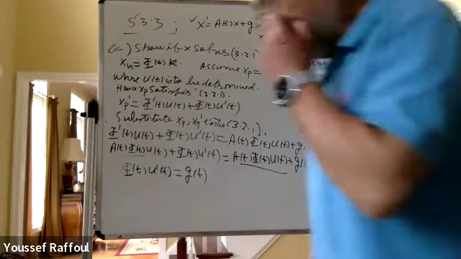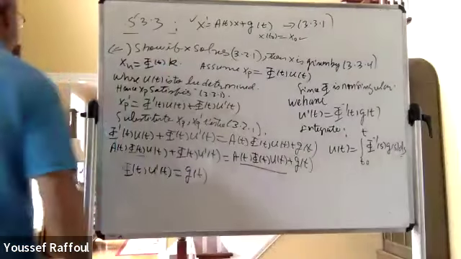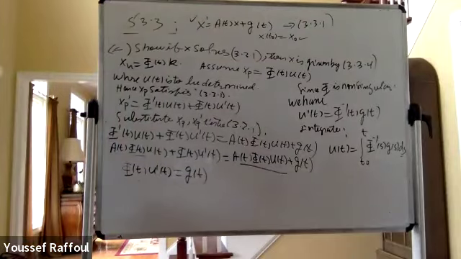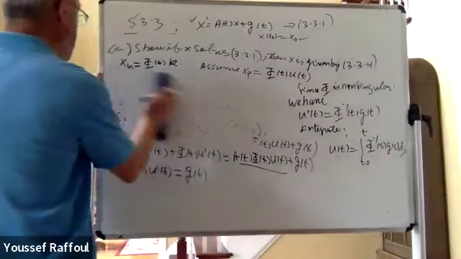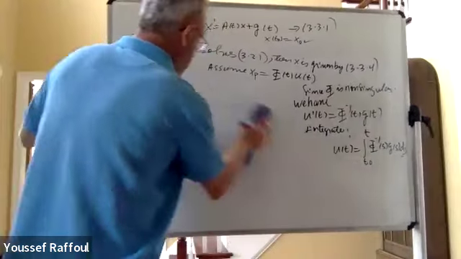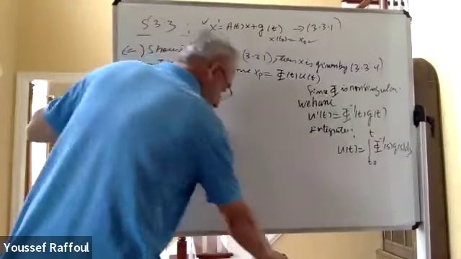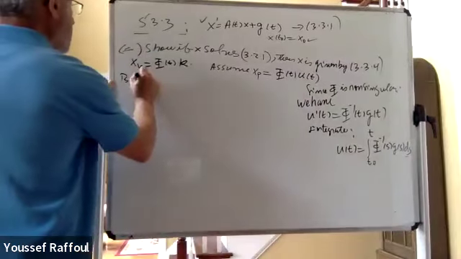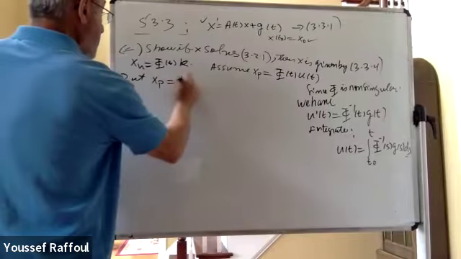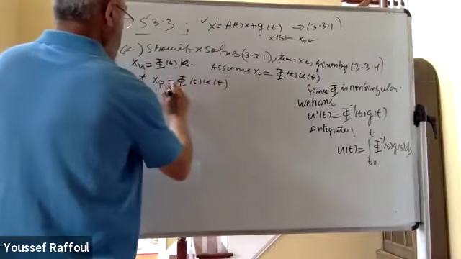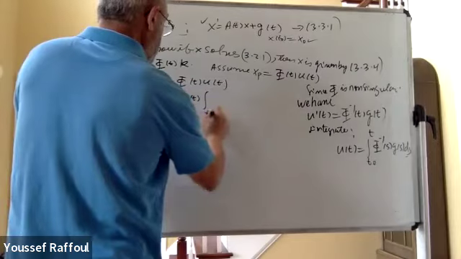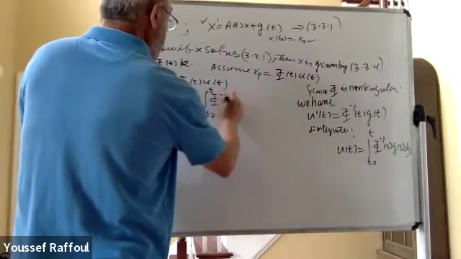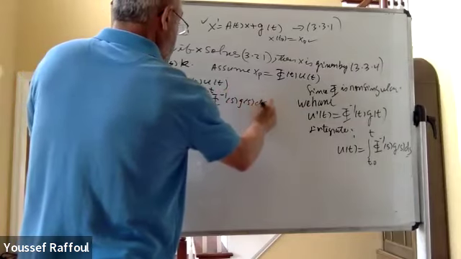We're assuming u(t_0) is 0. But x_p is phi(t) u(t), which means it is phi(t) times the integral from t_0 to t of phi inverse of s g of s ds.